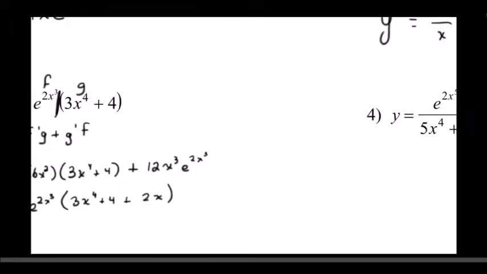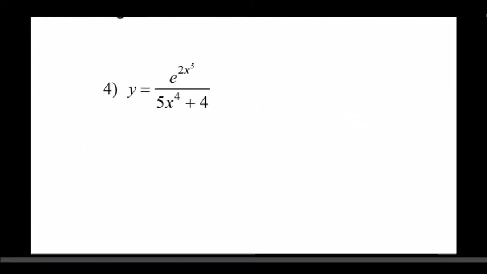So coming over here, question 4. This is going to involve the quotient rule. Now the phrase I've been using in class for the quotient rule is low d high minus high d low over low squared.